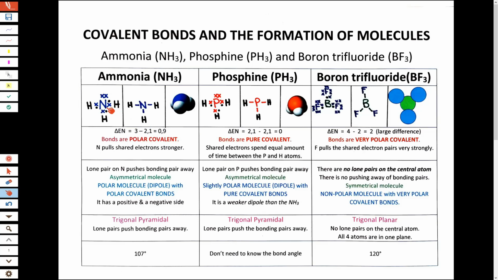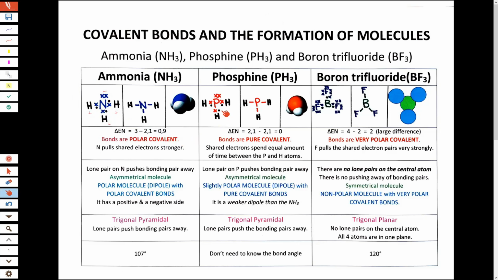Nitrogen has the greater electronegativity, so it's going to pull these shared electrons towards itself, making this molecule more negative on this side and more positive around where the hydrogens are. So these bonds are polar covalent bonds. We say they're polar covalent because the electronegativity difference is 0,9.